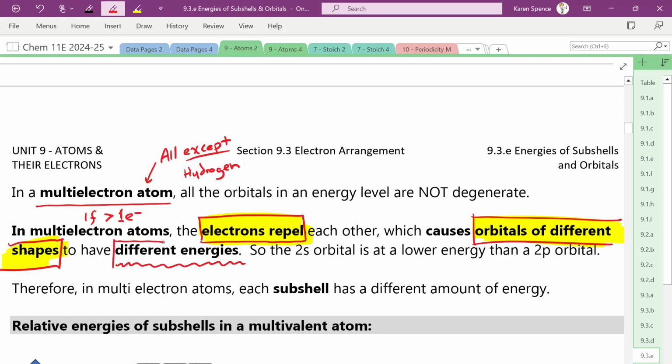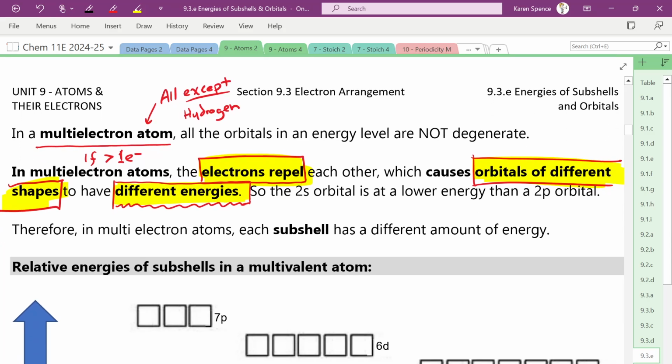So an s, which is sphere-shaped, will have a different energy from a p, which is peanut-shaped. Both in energy level 2, but they would have different energies. Not completely different, they're still fairly close, but one is higher than the other. So 2s is lower than 2p.